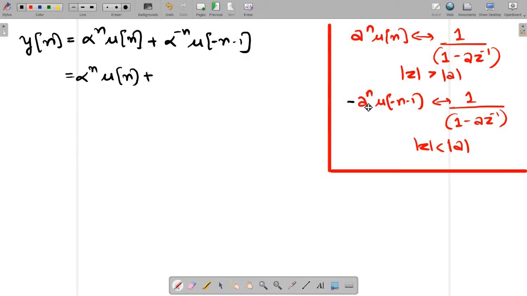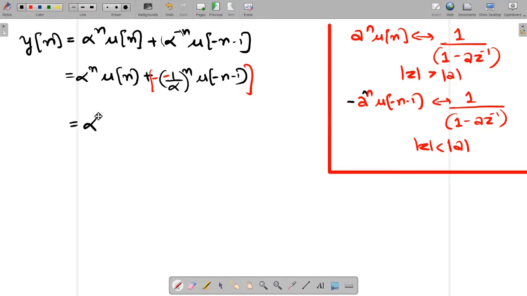How do I get this n as positive? Here it is negative. I will take the minus sign inside. So, I will have 1 by alpha raised to n u of minus n minus 1. So, I can write alpha raised to n u of n minus of 1 by alpha raised to n u of minus n minus 1.